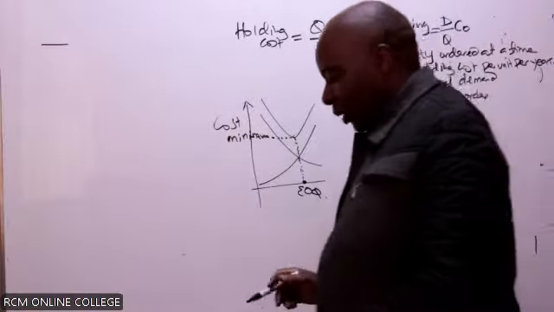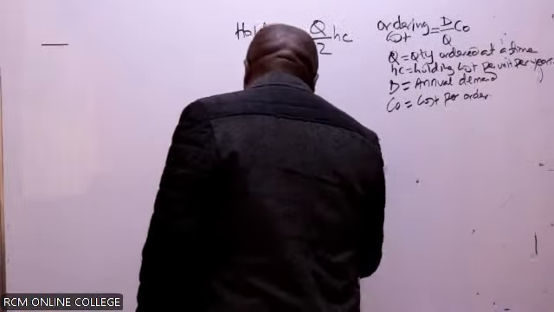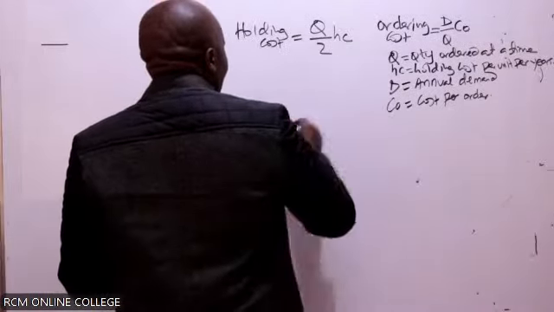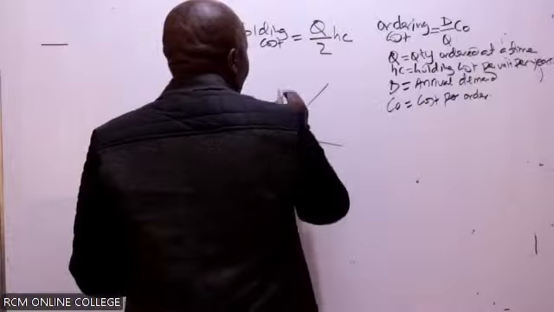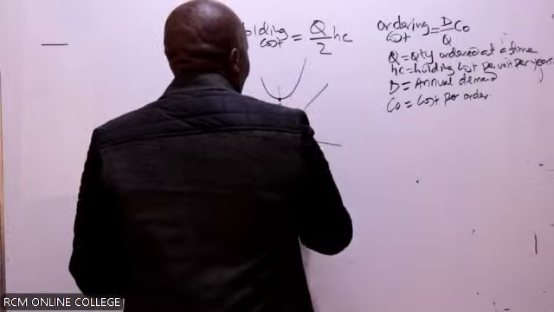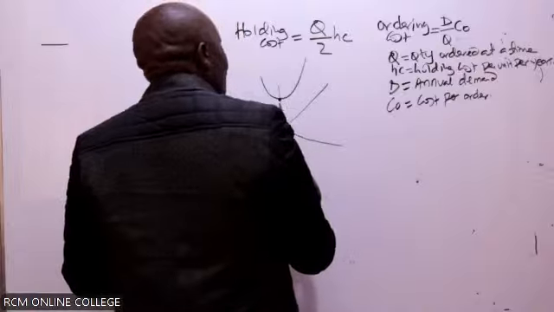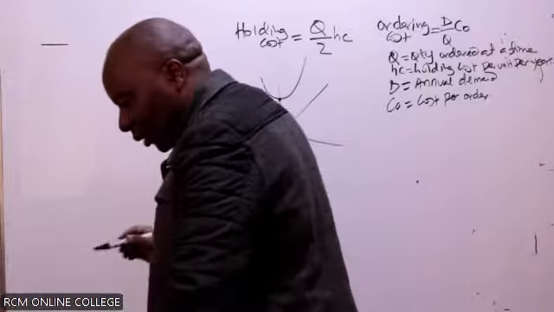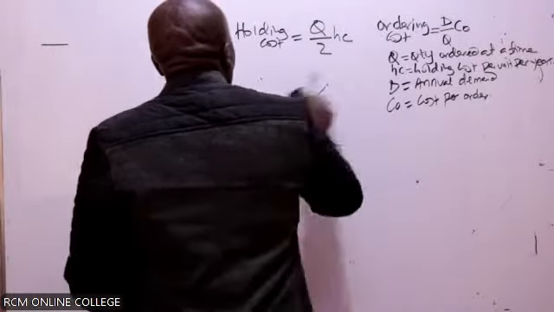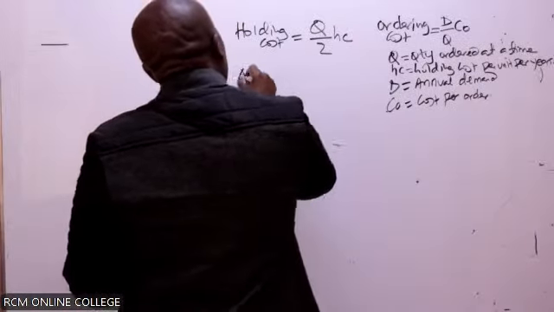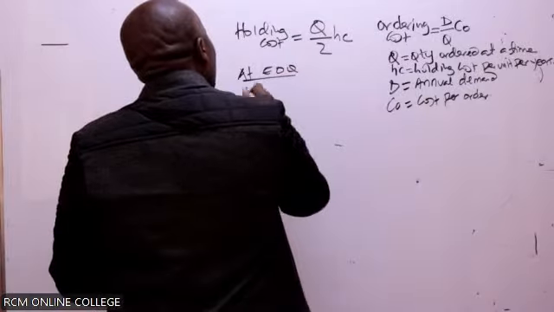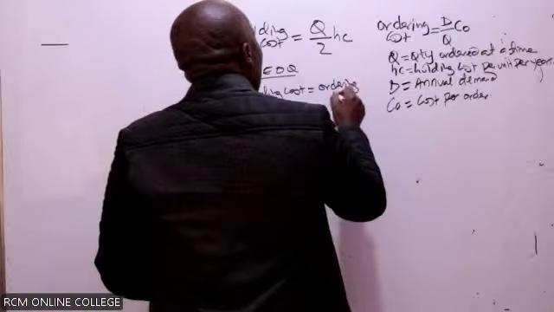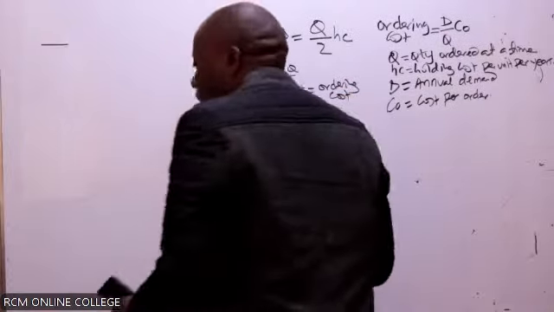Now, my good students, please listen to me very well. Remember, we have just shown on our graph that at the EOQ point, the holding cost and ordering cost are equal. Let me write down that at EOQ, at economic order quantity, holding cost equals ordering cost.